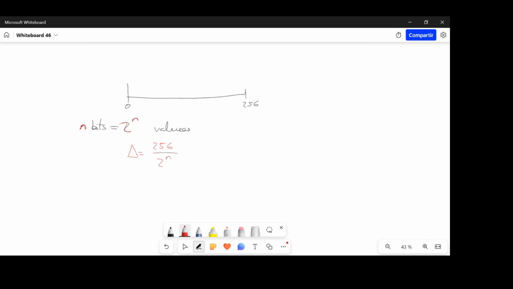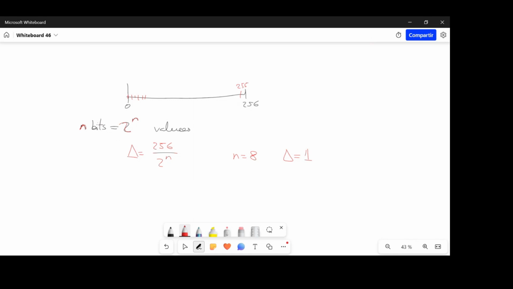Let's say that n is 8, then the step is 1. I'm going in steps of 1 from 0 to 256. And actually, if I count 0, my last value is 255. I cannot reach 256.